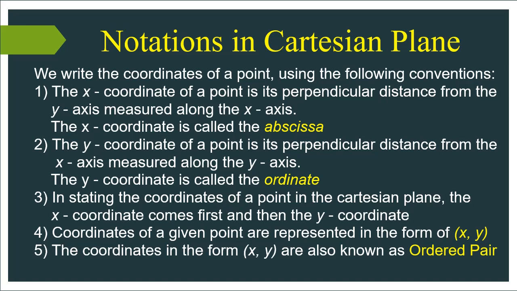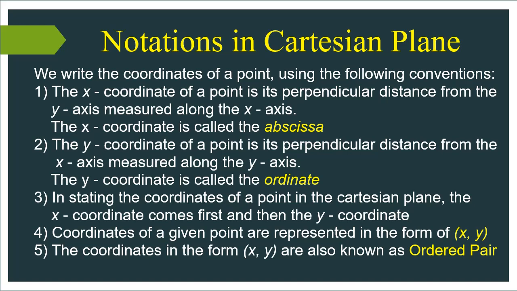The x-coordinate is called the abscissa. Second point, the y-coordinate of a point is its perpendicular distance from the x-axis measured along the y-axis. The y-coordinate is called the ordinate.